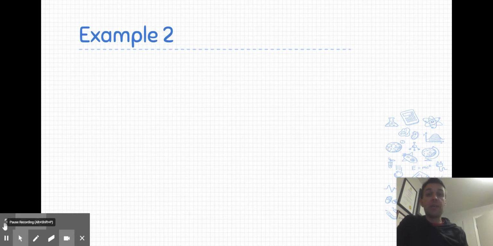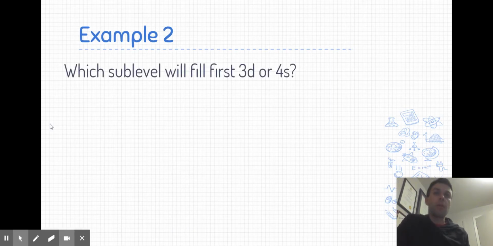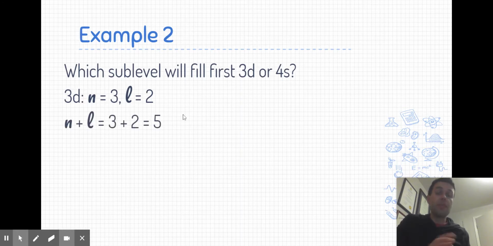Let's go through another example here. Which sublevel will fill first, the 3d sublevel or the 4s sublevel? So 3d, third energy level. d is the letter designation for L equals 2. So 3 plus 2, we have 5. 4s, n equals 4. s is the letter designation when L is equal to 0.